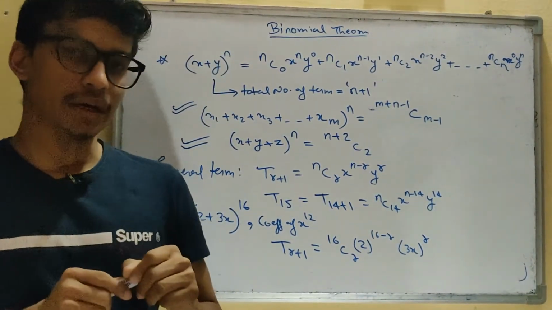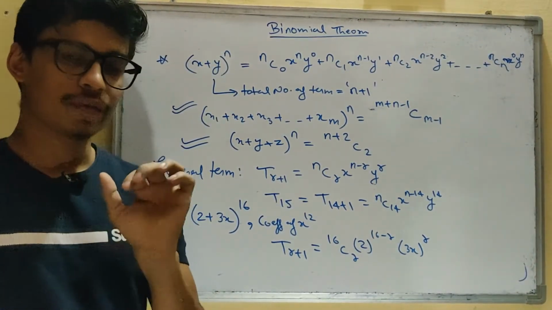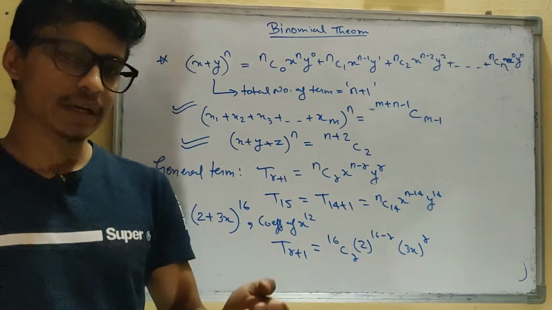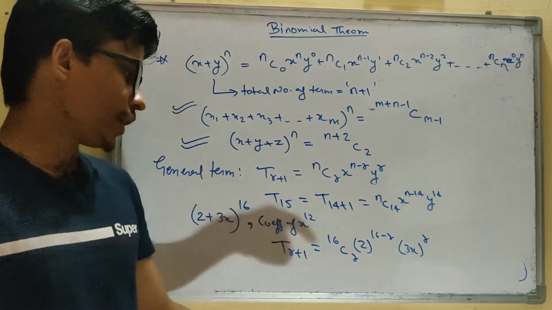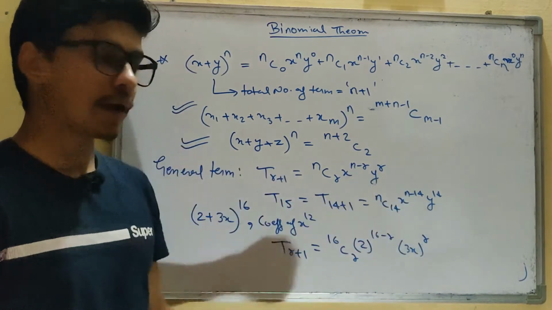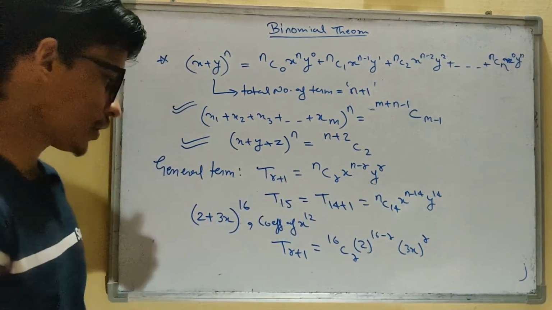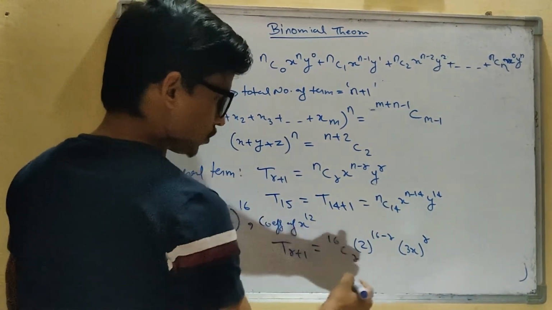Okay, so in order to get the coefficient of x^12, there should be x^12 in that particular term. In order to make x^12, we have to substitute r = 12. Okay, so I have to put r = 12.